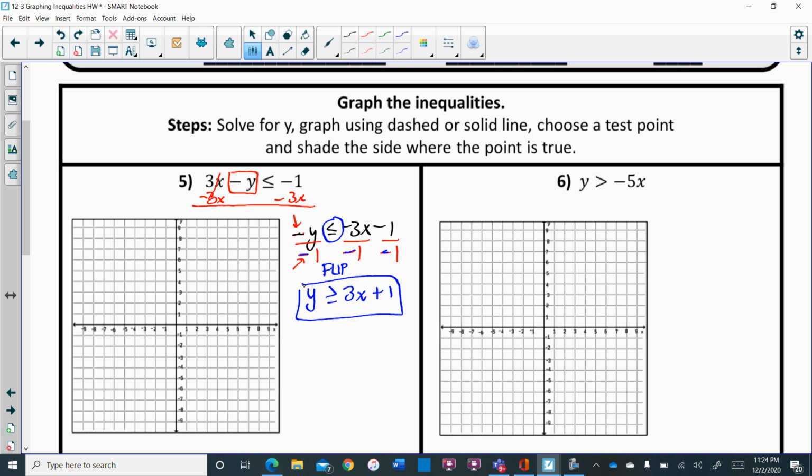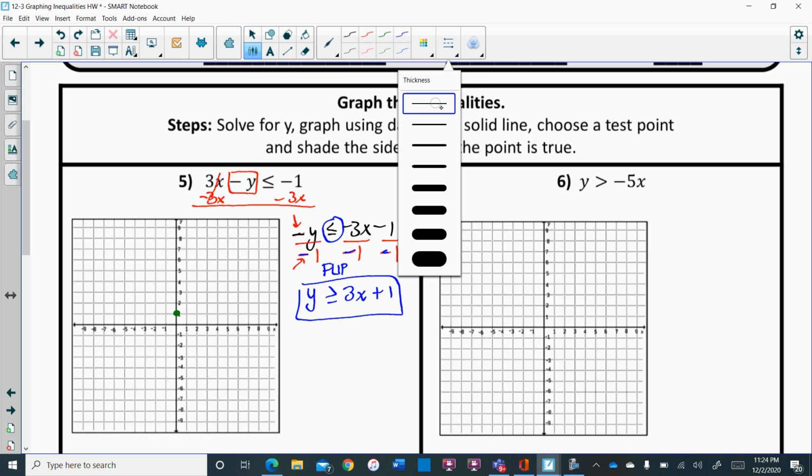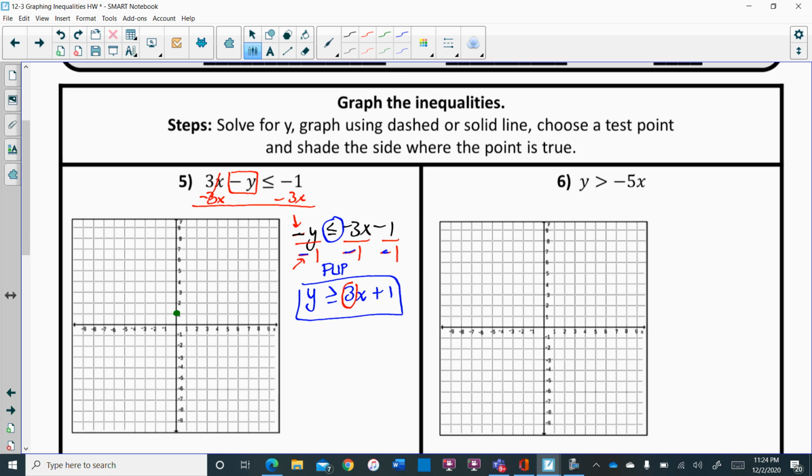Okay, so we start with the y-intercept, which is the 1. Put a point there. We use the slope of the equation, which is the 3. So that means our m is 3/1. It means we're going up 3 to the right 1, or we can go down 3 to the left 1.